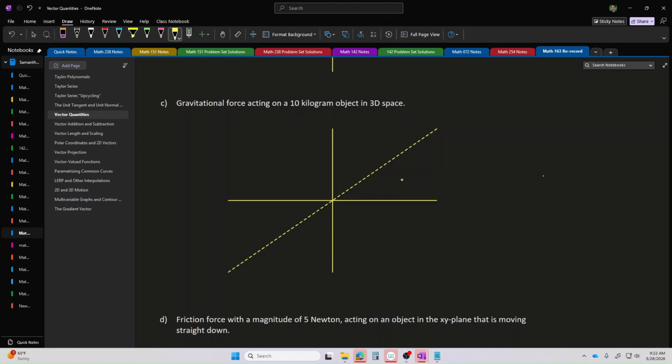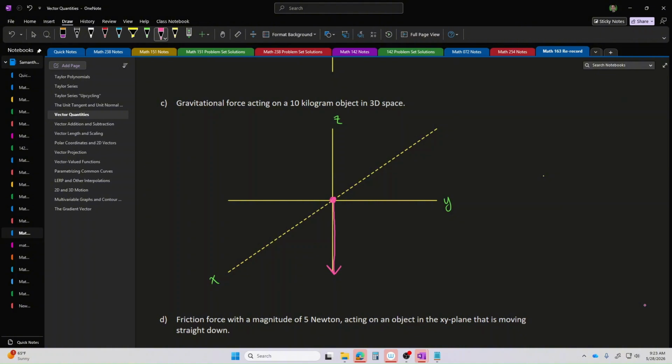And I'm going to draw the gravitational force vector within this space, remembering that the positive x-axis traditionally points forward, the positive y-axis traditionally points to the right, and the positive z-axis traditionally points up when in math we draw 3D space. Now, gravitational force is going to act straight down. So my gravitational force vector will be pointing in the negative z direction.